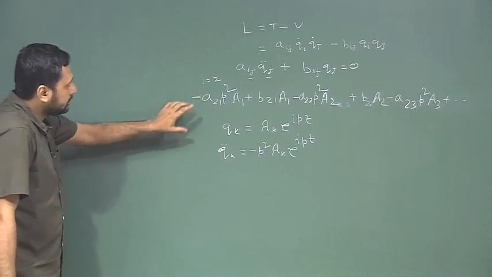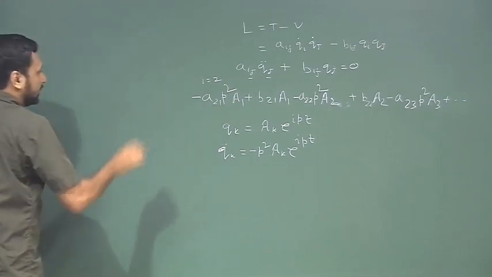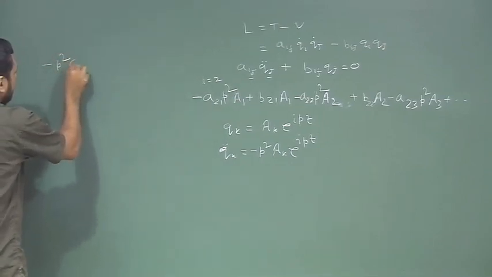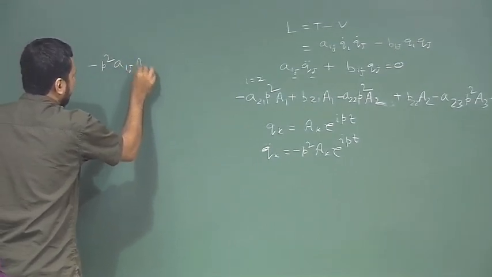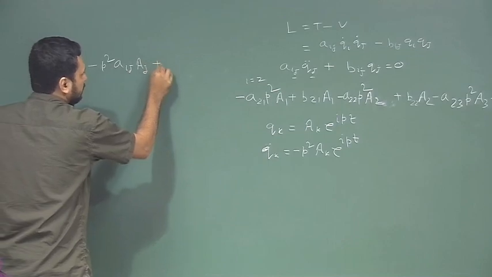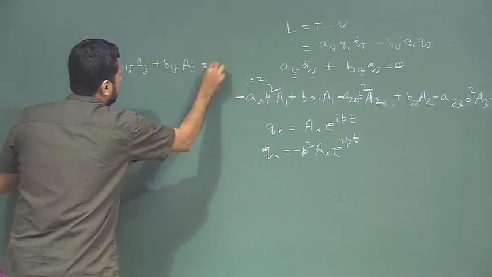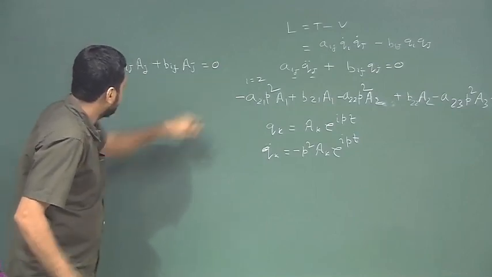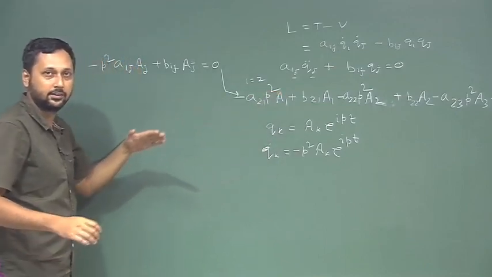But if I go back and write the generalized form once again, it will be minus p square a_ij A_j plus b_ij A_j equal to 0. And when I open this, this will give you this type of simultaneous equations.